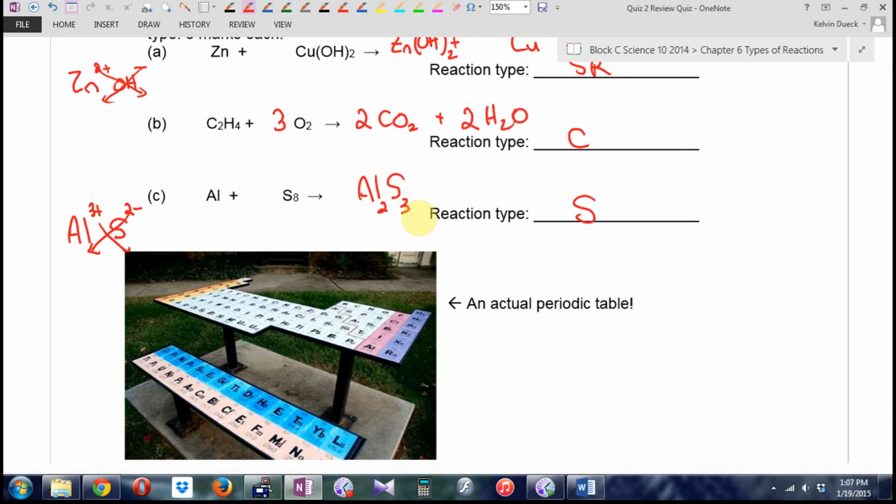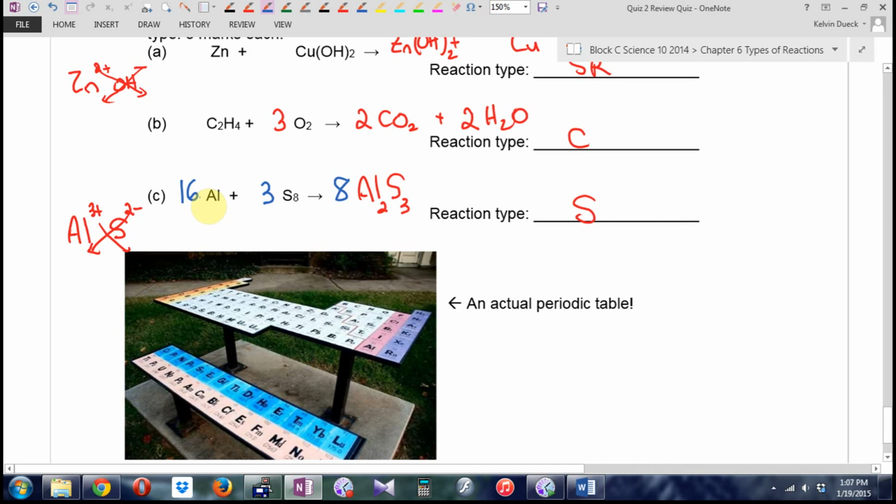How many S's on the left? 8. How many on the right? What do I want to turn them both into? A 24. I think I might try putting an 8 there and a 3 there. How many aluminums do I have on the right now? I think it ends up being 16 Al plus 3 S8 gives 8 Al2S3.